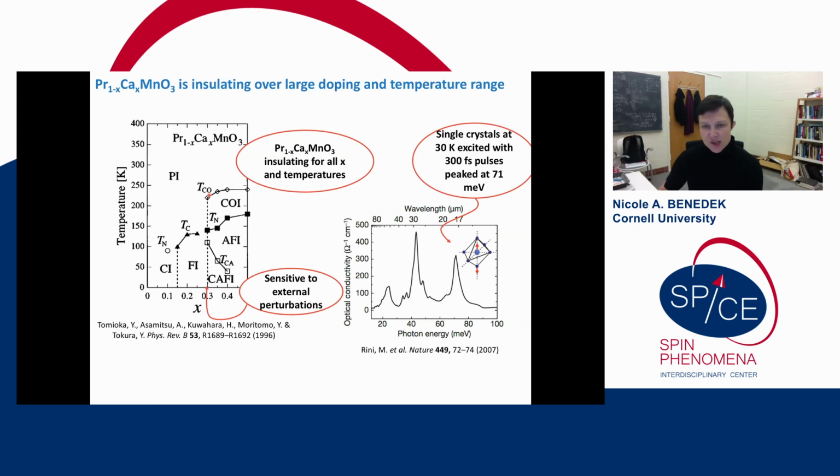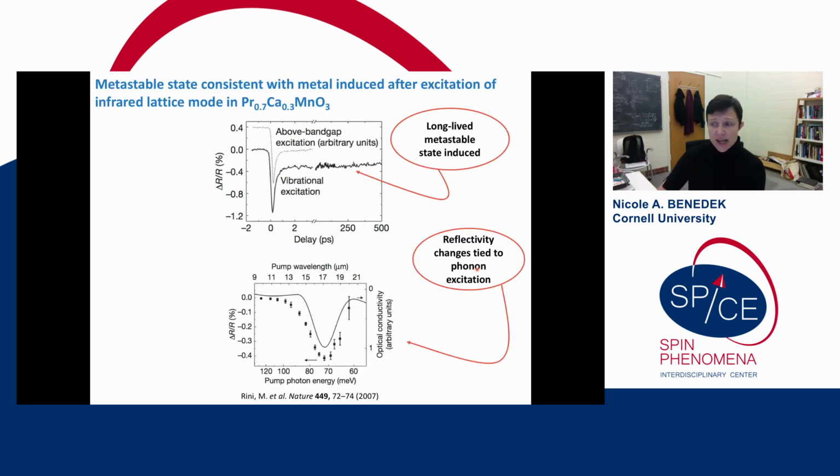So what was done in this experiment was that a laser was tuned to the frequency of a phonon mode involving displacements of the manganese ions opposite these oxygen atoms. And after exciting this phonon, these authors see a change in the reflectivity of the material that is consistent with an insulator to metal transition.